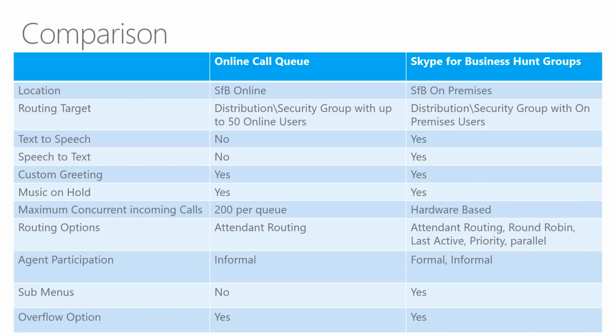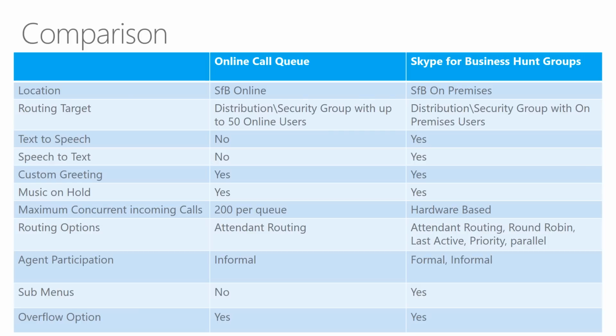So let's do a quick comparison between the online call queues and the Skype for Business hunt groups. That's the comparison you'll most likely see. So call queues are online only, hunt groups are on-prem only. The routing target for online call queues will be a distribution or security group with up to 50 online users, and those online users must have a Cloud PBX license.